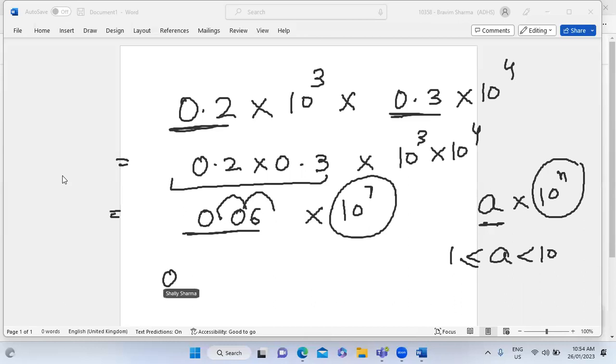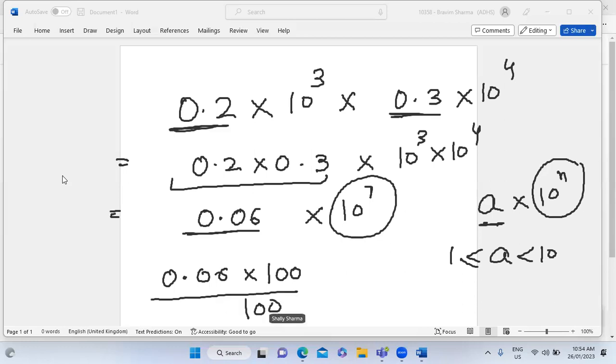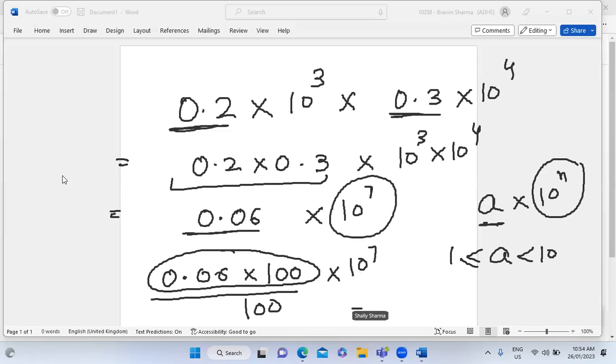Two moves means if I have 0.06, I will times it by 100, so I need to divide it also by 100. So keep the number as it is. Now 0.06 multiplied by 100 will become equal to 6, and 10 to the power of 7, and this 100 I will write as 10 squared.